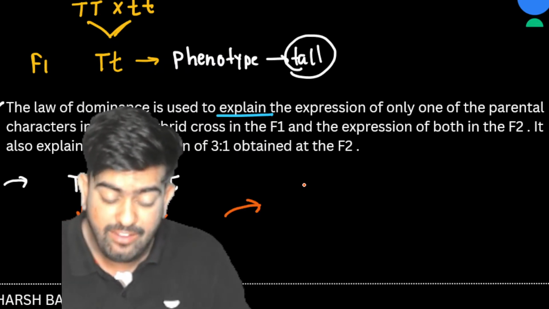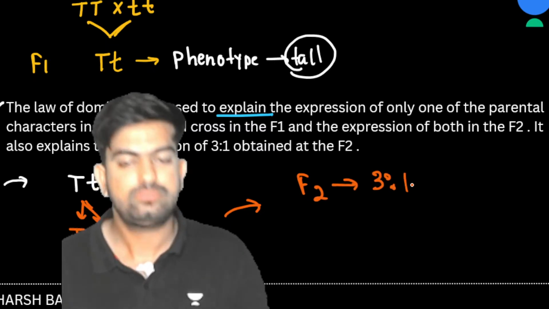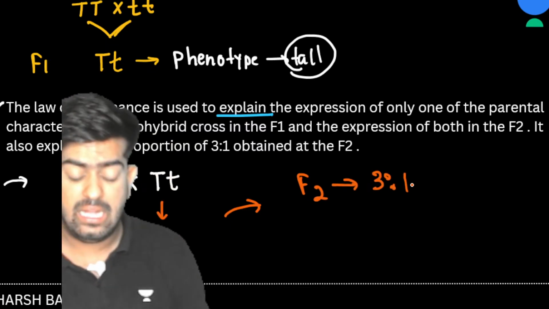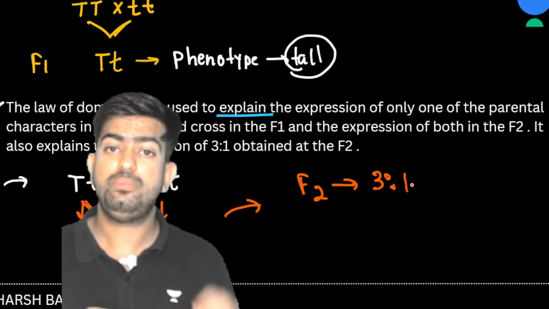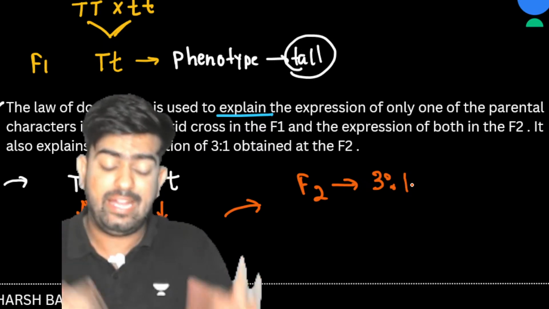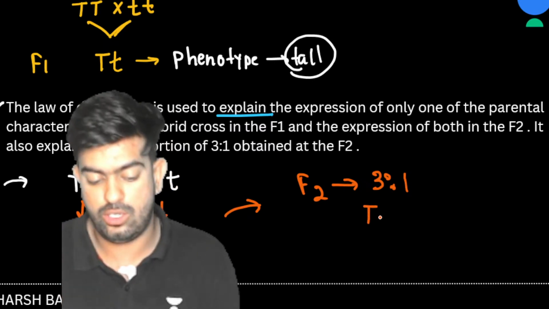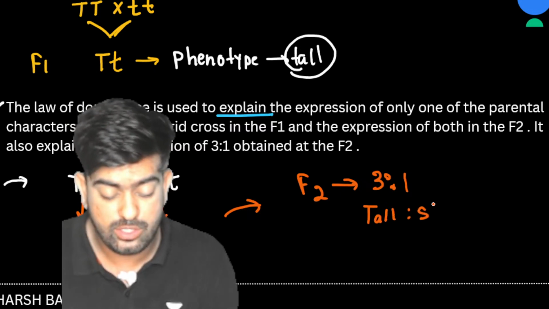And in F2 generation, we got a ratio of 3:1. Yes, obviously. And this F2 generation proves the law of dominance more. It gives a more clear idea of the law of dominance. How? See, 3 plants were tall and 1 plant was short.